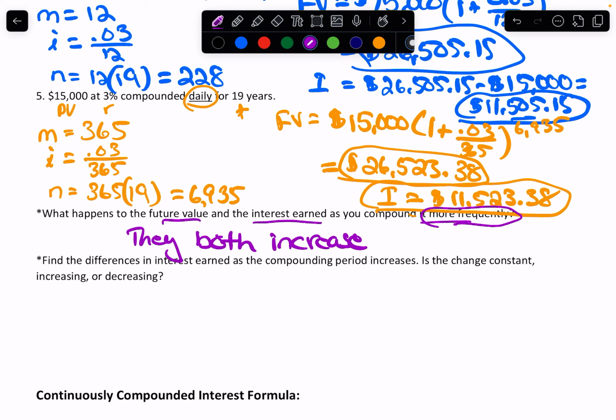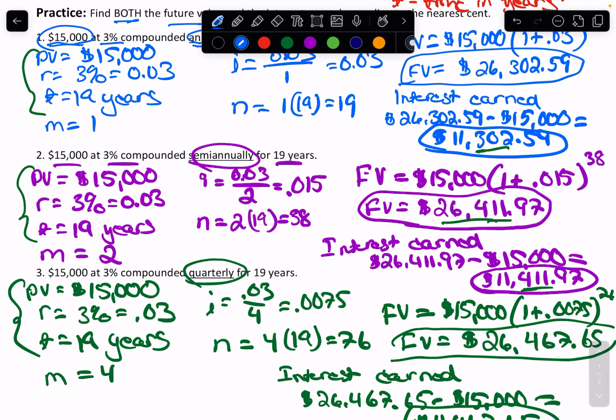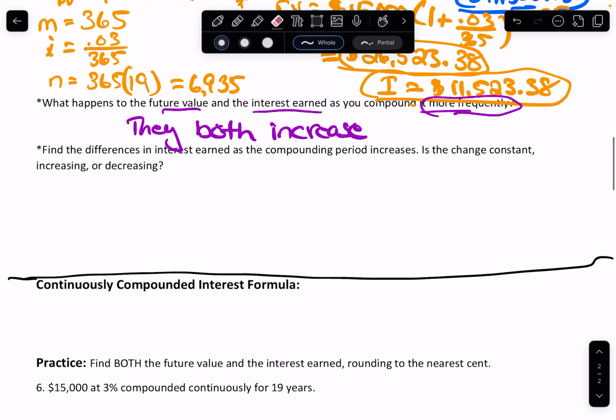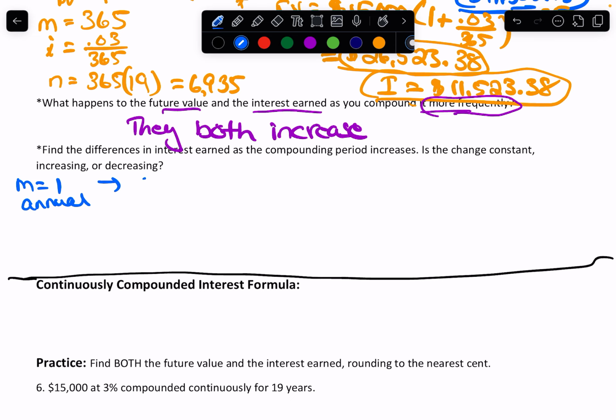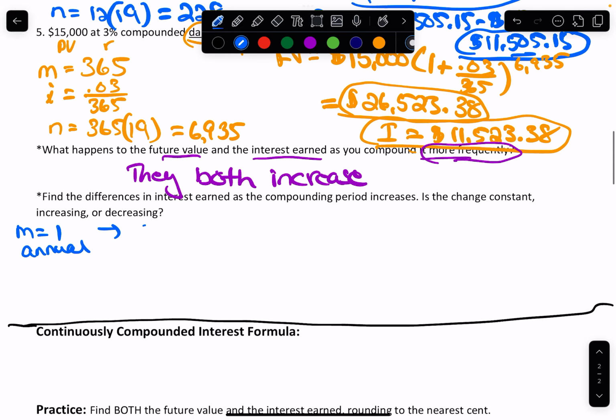Okay, so let's look at, you know what, I want to make sure that I'm not running into this here, so I'm just going to draw a line. Where's our m equals 1? So our m equals 1, this was our annual. And then we went into m equals 2. So that was semi-annual.